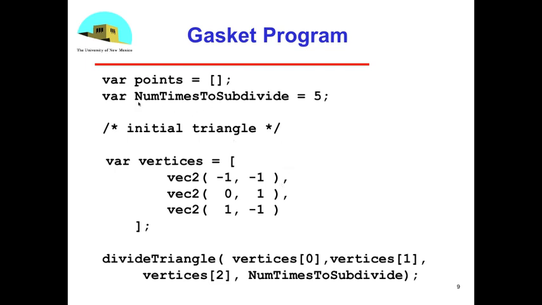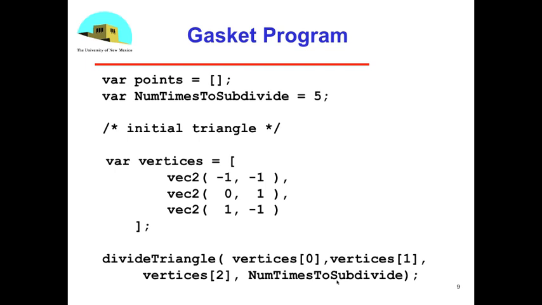So let's suppose here's the number of times to divide. We want to divide, say 5. Here's the initial triangle, given as vertices using mv.js to use this type. And now we're going to have a divide triangle routine that's going to take 3 vertices in, and then take the number of times to subdivide.